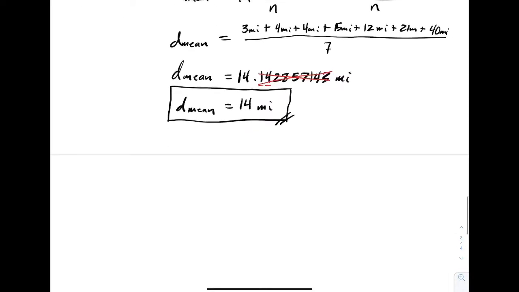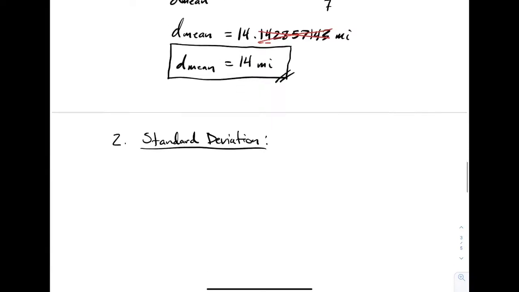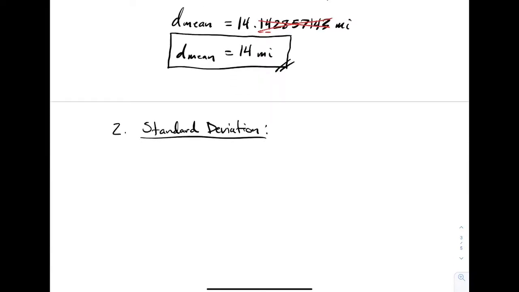The next calculation we have to do is called the standard deviation. This is the one that everyone gets a little anxious over at first, but honestly, you can just have a computer or a calculator do all the hard work for you. But anyway, here we go. The standard deviation, we'll write the general form first.